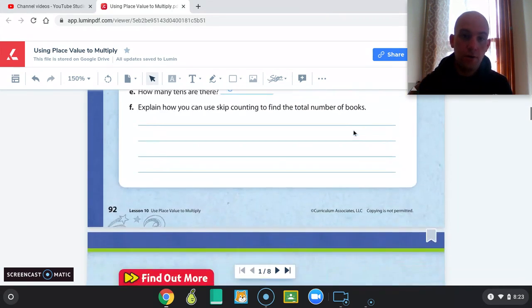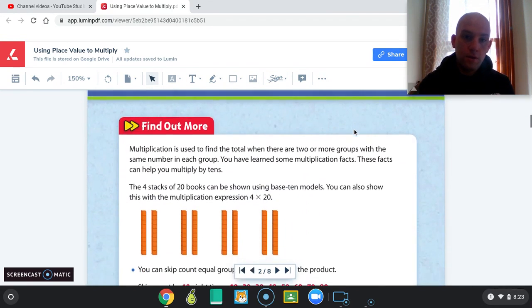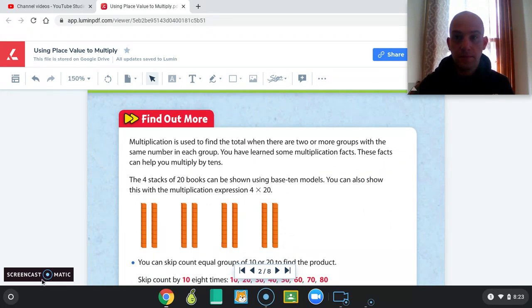All right, so let's take a look at our next page here. Multiplication is used to find the total when there are 2 or more groups with the same number in each group. You have learned some multiplication facts. These facts can help you multiply by tens.